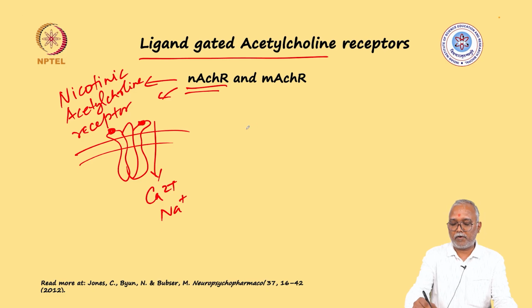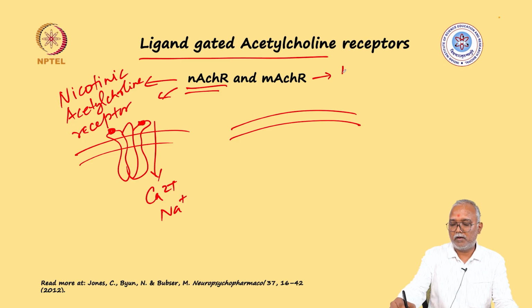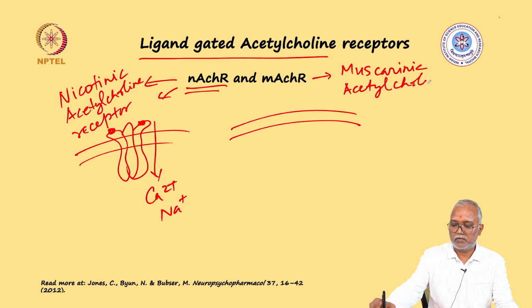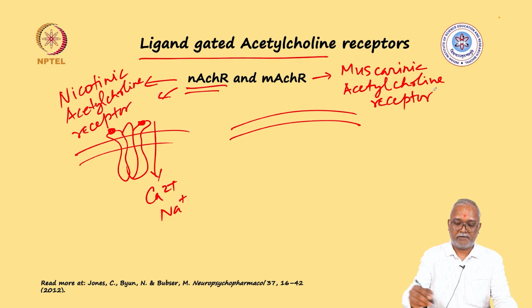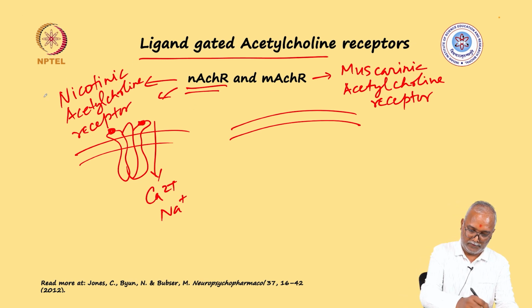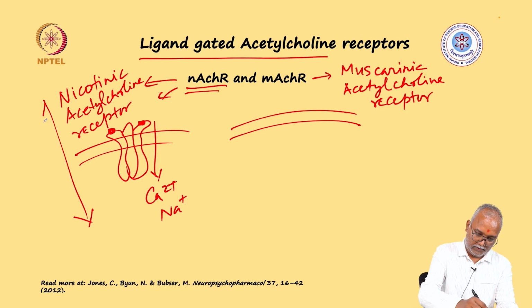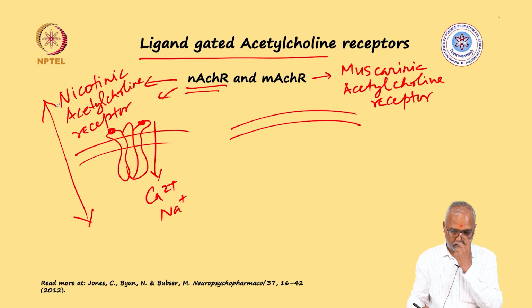There is another type of acetylcholine receptor which is called the muscarinic acetylcholine receptor. It is important to put these two in perspective, because you will often see that you have a lot of such receptors which are present on the neuronal surface.